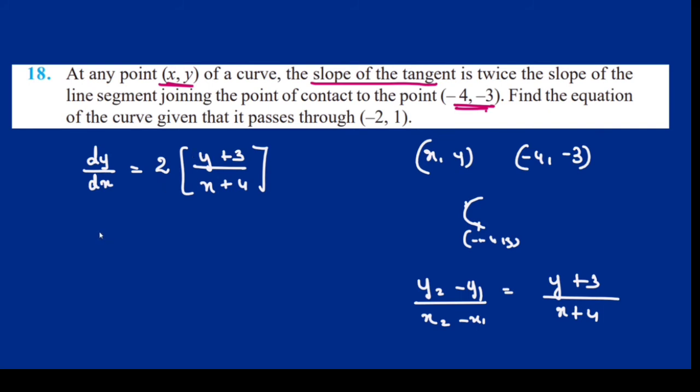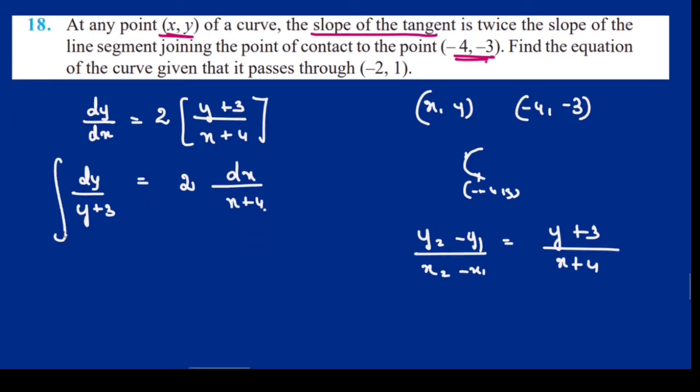Now you have to find the curve, the equation of the curve. So let us separate the variables. You have dy here, so bring the y term to this side. So dy by y plus 3 is 2 times dx by x plus 4. So now integrate.